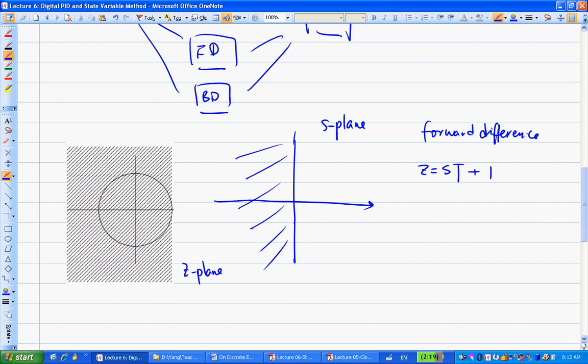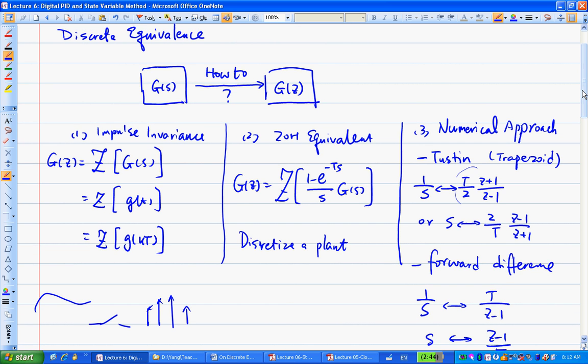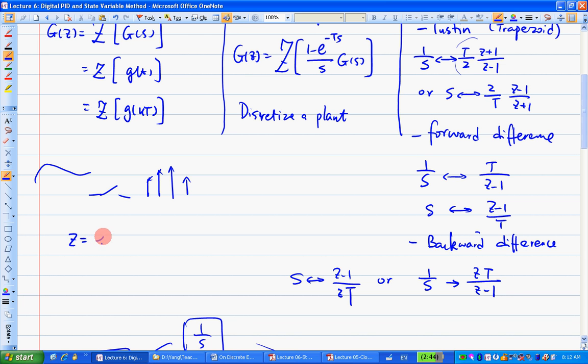And by the way, what's the connection between Z and S when you use this impulse invariance? Come again? Z equal to e to the ST, right? That's like the basic definition, right? That's the conversion when you have an impulse sampler, basically doing impulse sampling of a continuous signal.